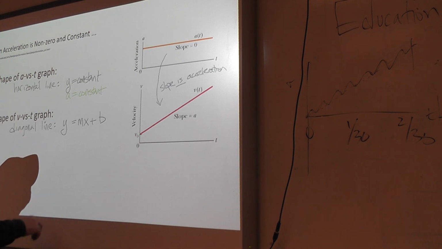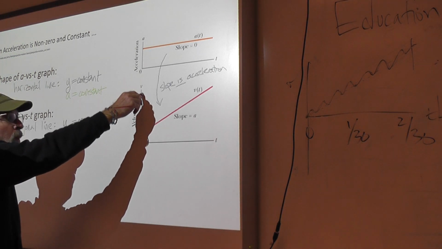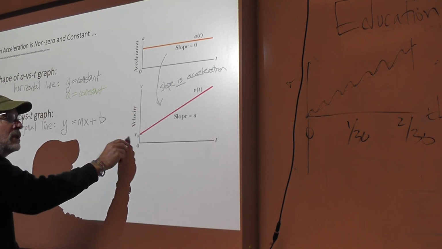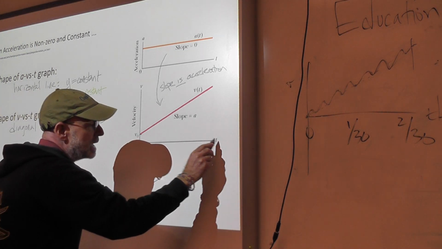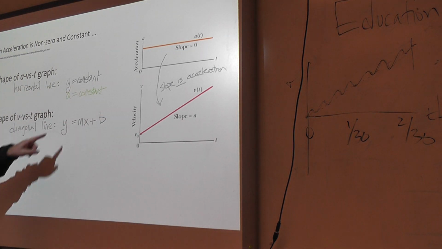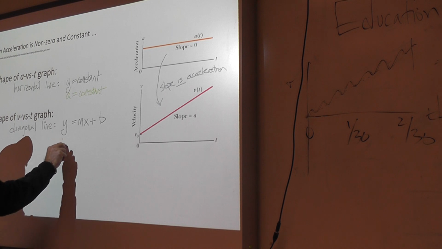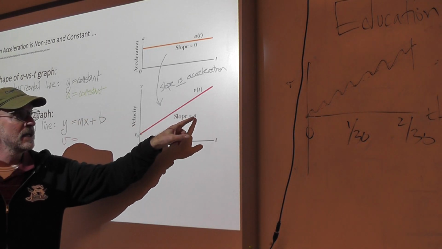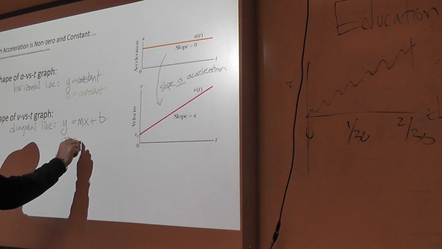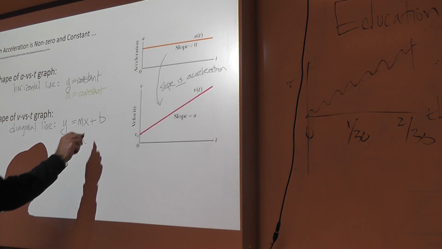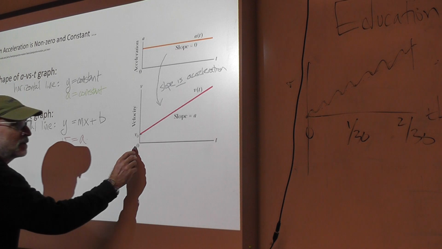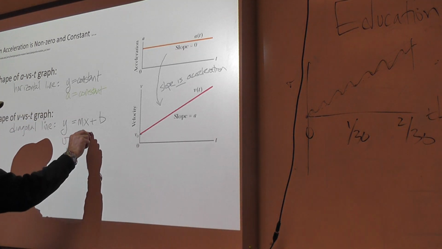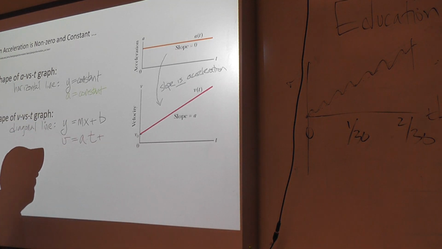This graph has a y-axis that's equal to velocity and an x-axis that's equal to time. So our velocity is going to be equal to the slope of this line, which is the acceleration, times our x-axis variable, which is time, plus the y-intercept.